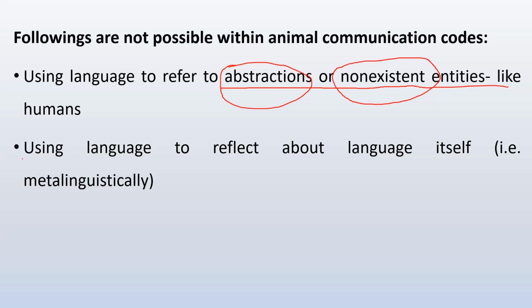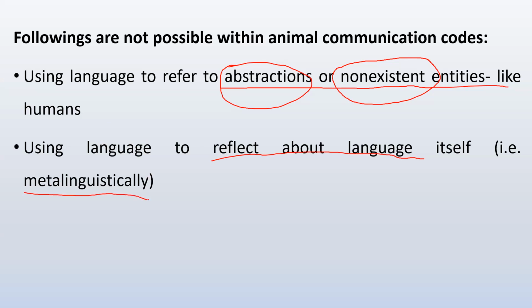So we don't find animals using language or whatever communication system to talk about their communication system. So we identify this feature, using language to talk about or reflect about language, as metalinguistic.